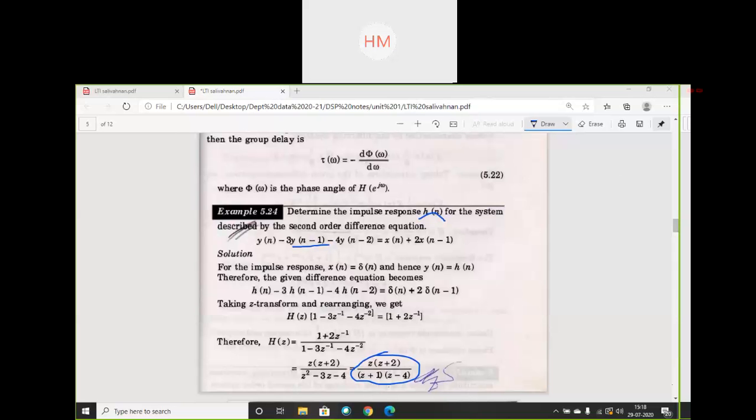Anything you want to ask? Okay. So have you done it in your copy? Because see, you won't remember all these things. If it is written in your copy, you can revise it anytime. So write it in your copy, in your diary, in your notes.